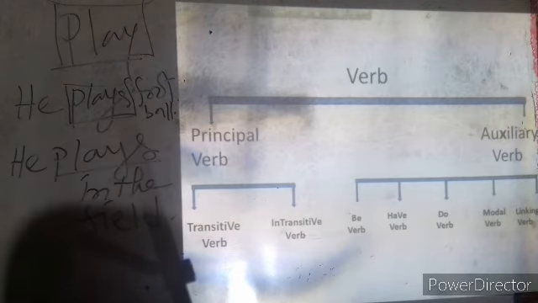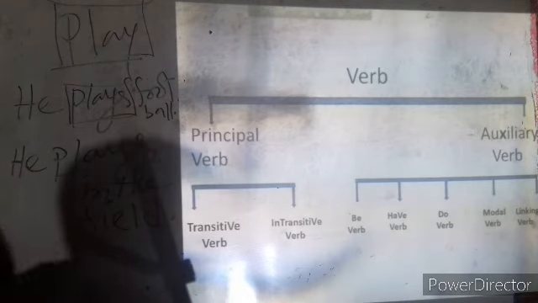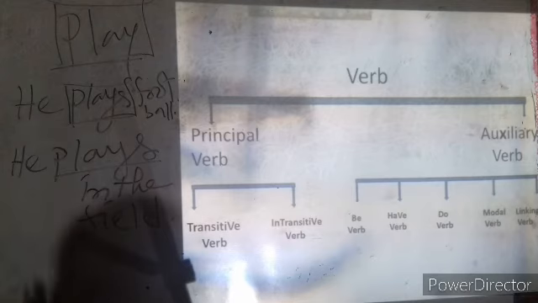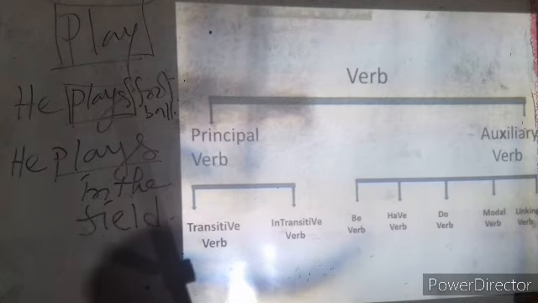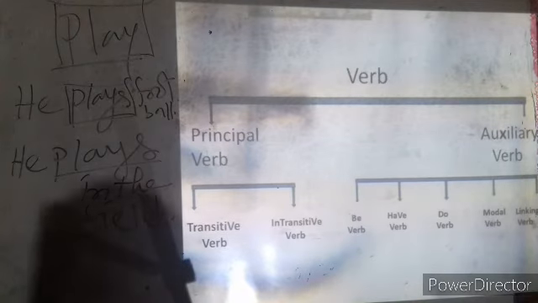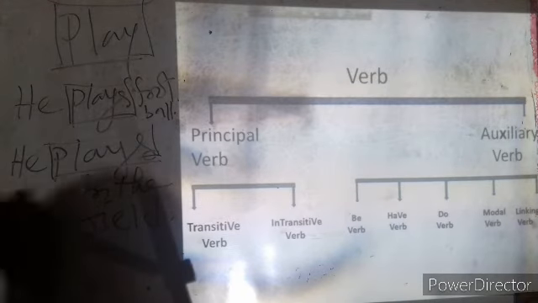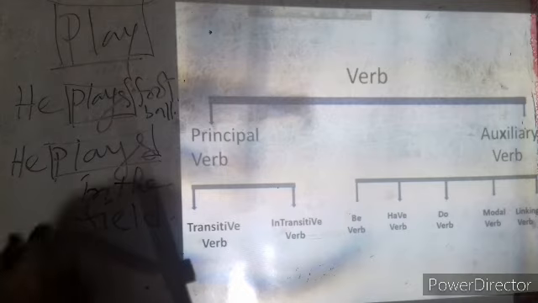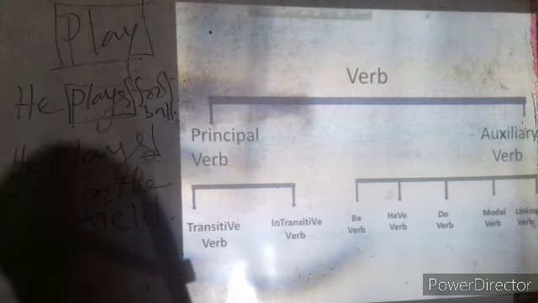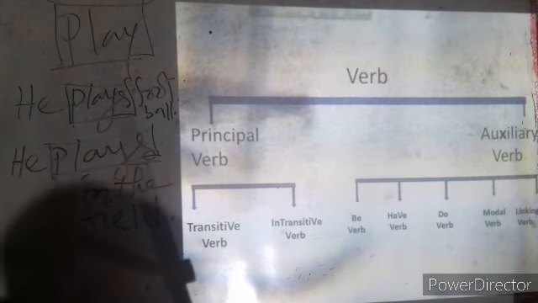But for this case, we are unable to ask the verb play with what or whom. But we are able to ask the verb play with where. Where does he play? The answer will be in the field. For this case, play is intransitive verb.